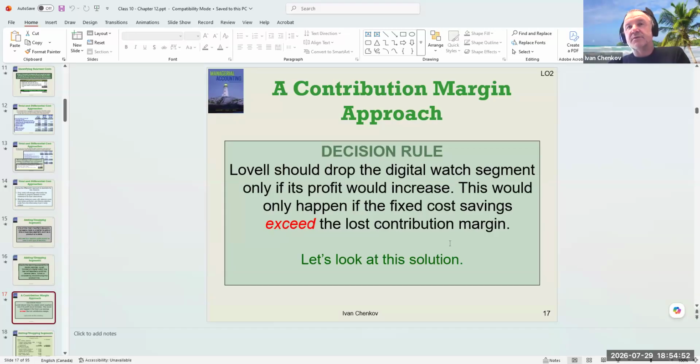If the contribution margin lost is more than the cost saving, no go. If the cost saving, mostly from the fixed cost, is more than the contribution margin loss, if you save more than you're losing, then yes, go for it.